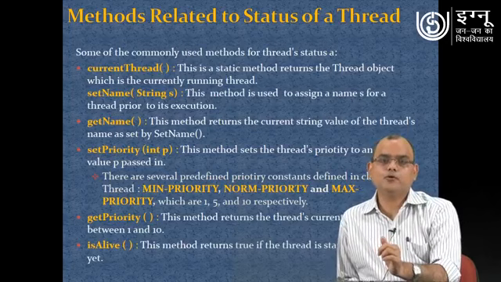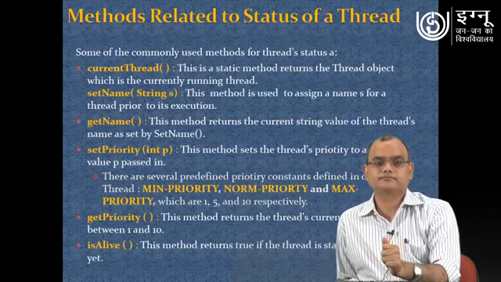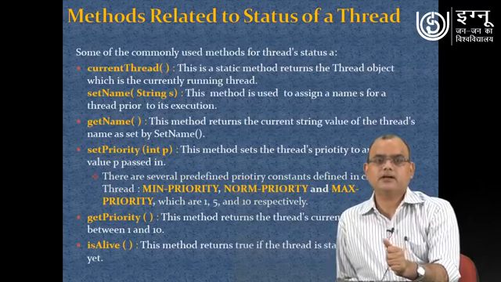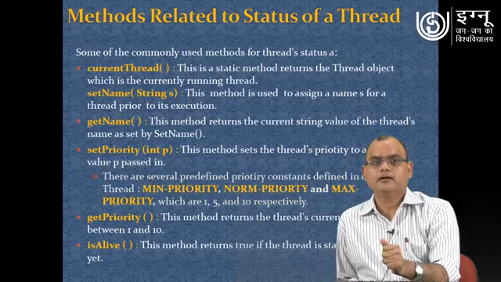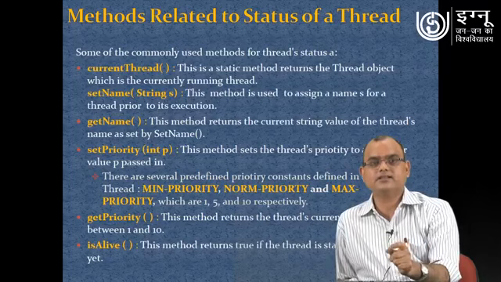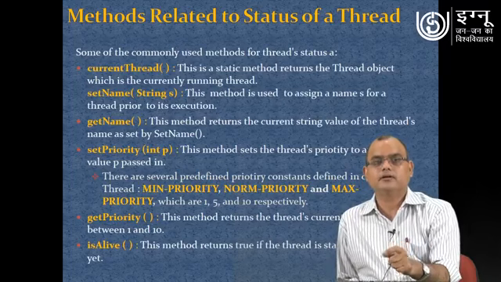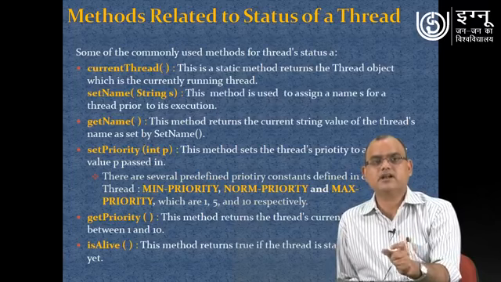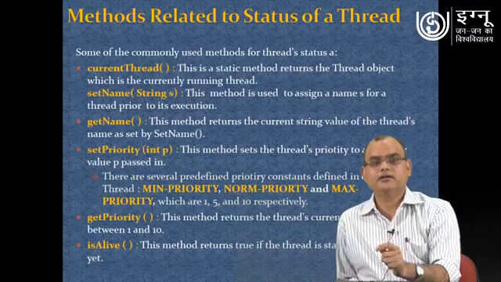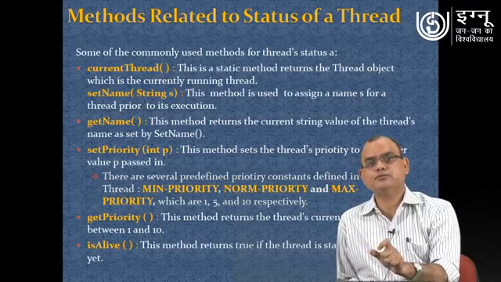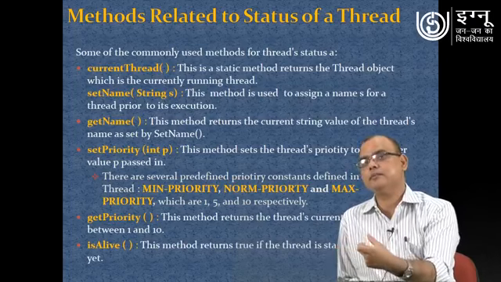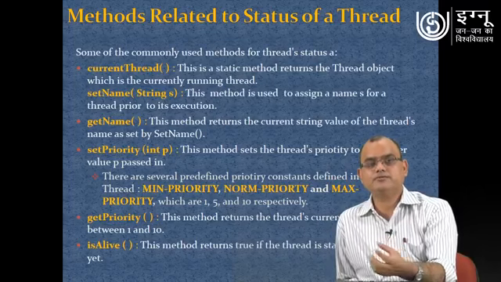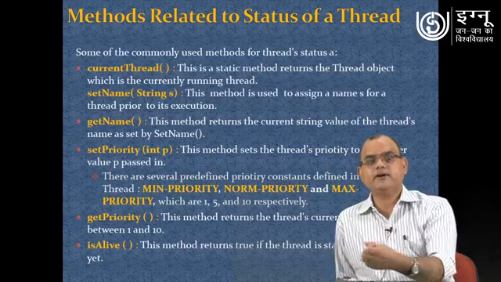Now, a few more methods related to thread are given here. One method is currentThread. This method is static and returns information about the thread object which is currently running in your program. The setName method is used to assign a specific name to your thread, and similarly getName is used for getting the name of the specific thread.